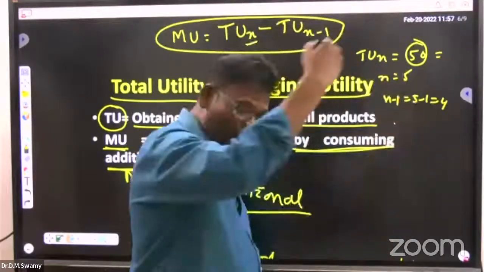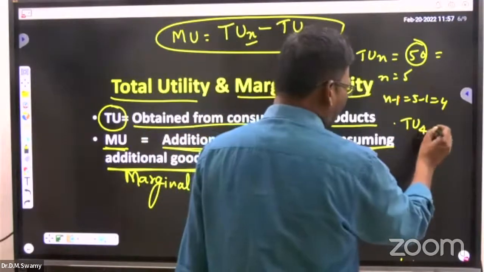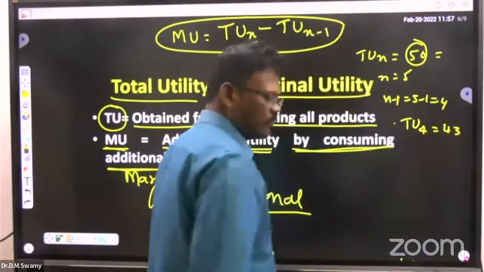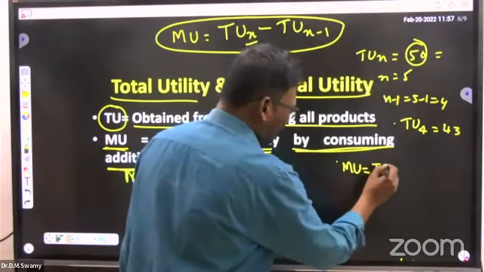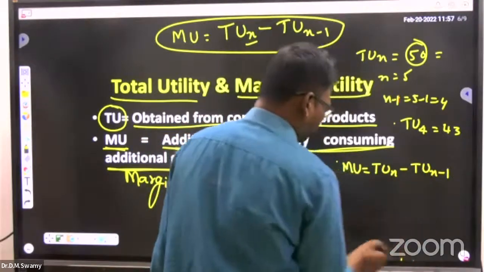By consuming 4 commodities, the total utility may be around, say, 42 or 43 utils.